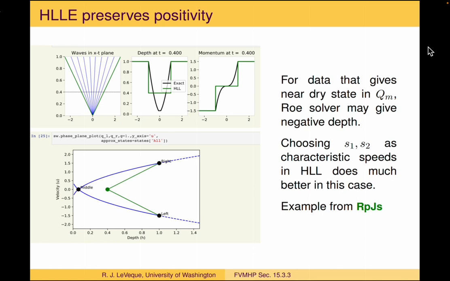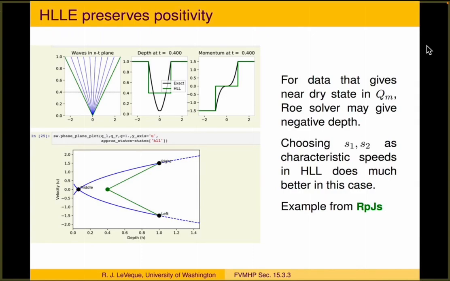This is actually the same figure I drew a moment ago, at a slightly different scale. These are the two waves that come out if we take the speeds to be lambda1 of q left and lambda2 of q right and plug that into the HLL solver. Now the HLL intermediate state lies in the region where the depth is clearly positive.